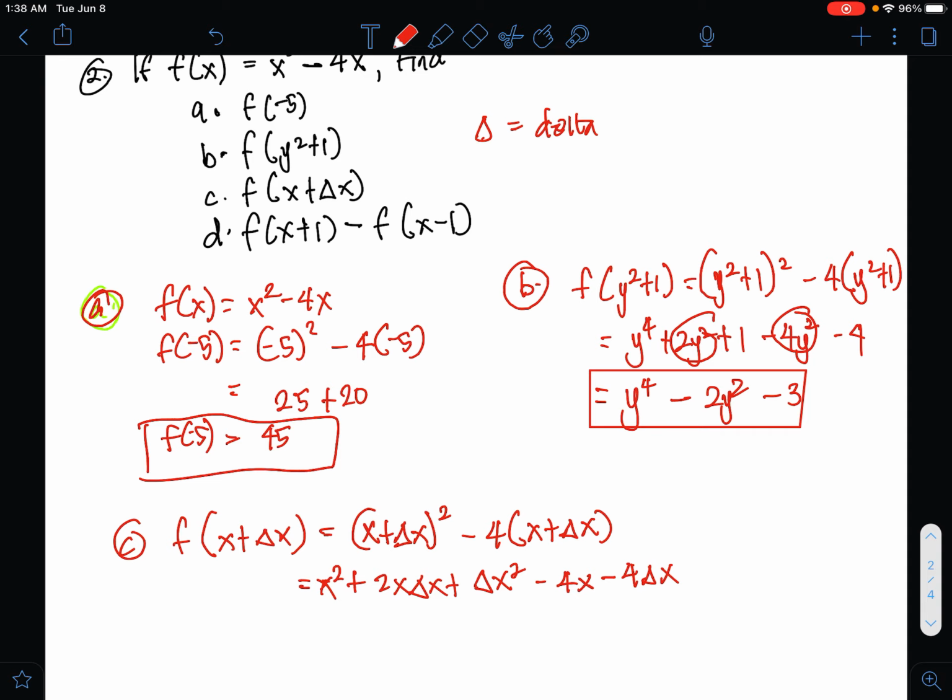Notice that we can factor this out. Actually, that answer is already acceptable, but we can simplify it to x plus delta x times x plus delta x minus 4.